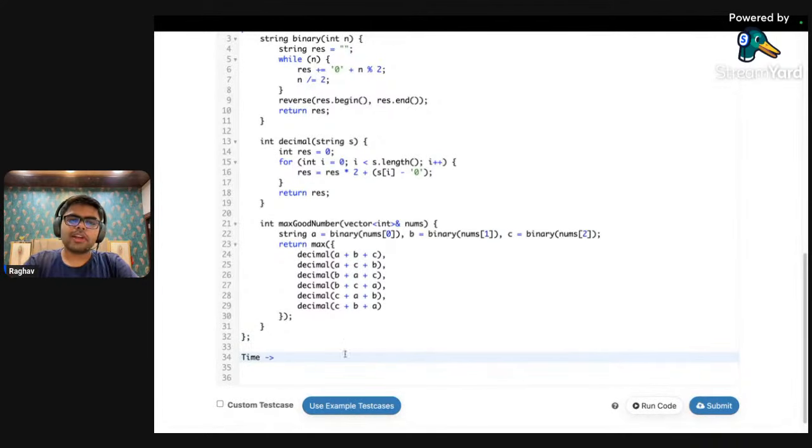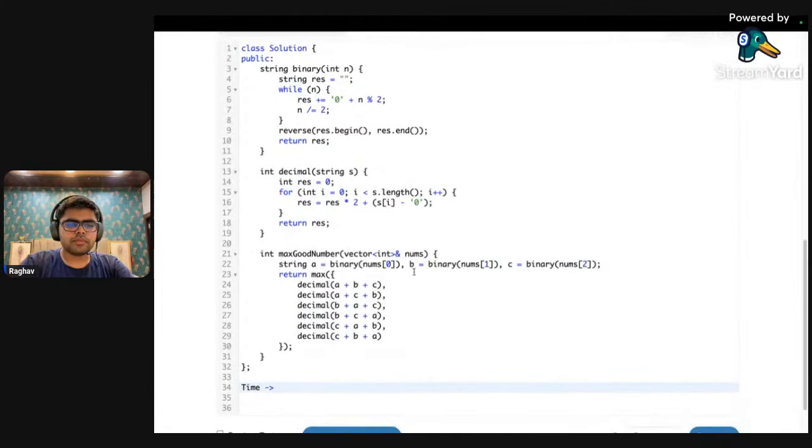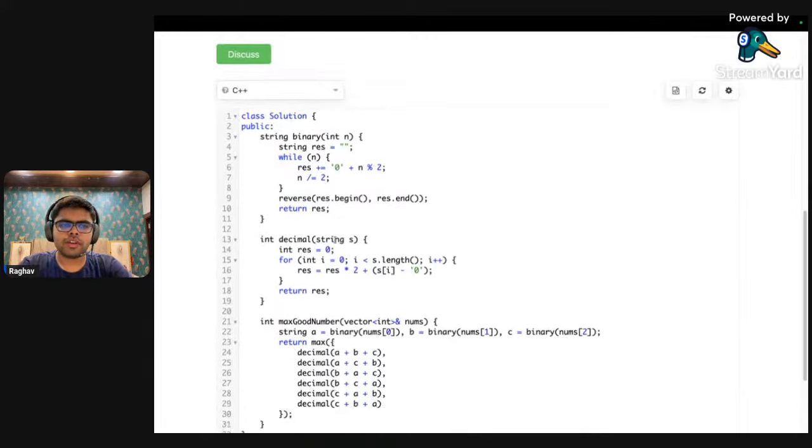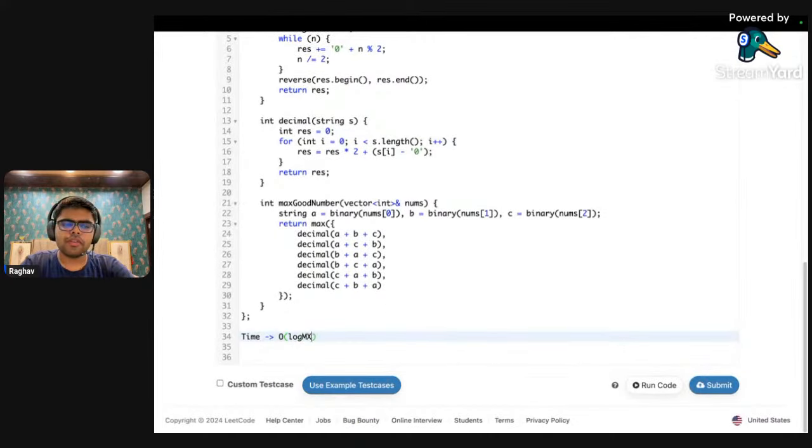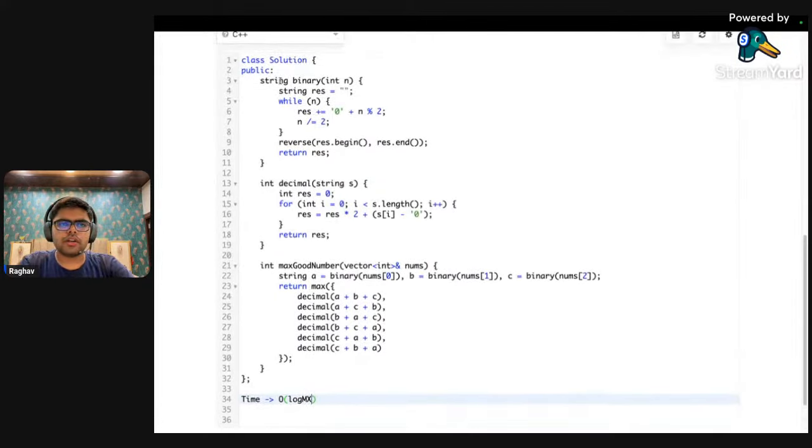So now let's look at the time complexity. First of all, we are converting these numbers to strings. So it would be nothing but big O of log of a, where a is the limit for the values, or maybe let's say log of mx. And then we are just doing this, and it would also not be so costly.